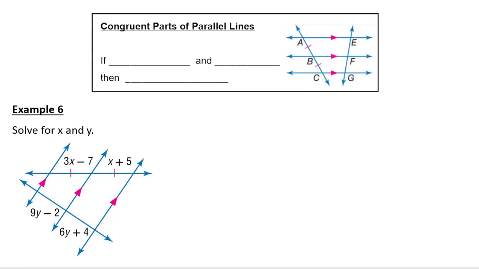Okay, next example, and I think this is example 7. Okay, congruent parts of parallel lines.